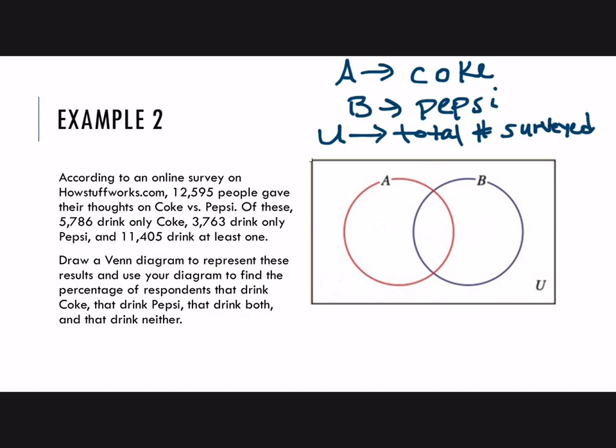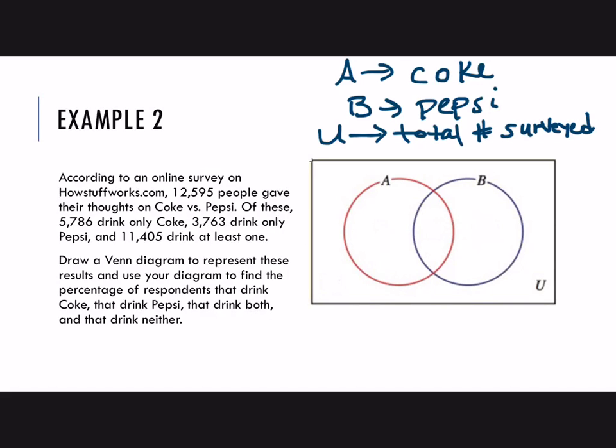Okay, so we don't know, for example, how many people drink Coke. We only know the number of people who drink only Coke. Same thing for Pepsi. So this one's a little bit different, but what you want to do is start the same way. You have 4 different regions, and see if you can go through and find which one or ones of those you have been given.